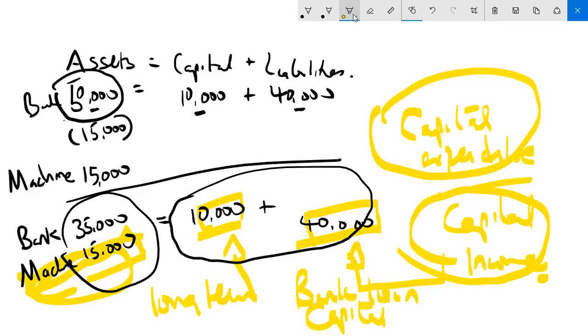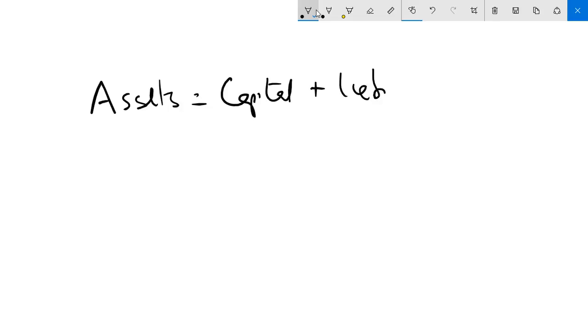Okay, so let's just clarify what we're saying here. We have what's referred to as the accounting equation. Assets are equal to capital plus liabilities. The main aim, the purpose of the end product of assets, if you like, is that we had to start off with some capital and some liabilities.